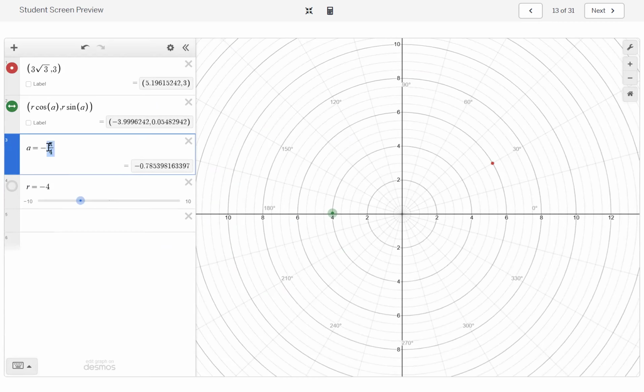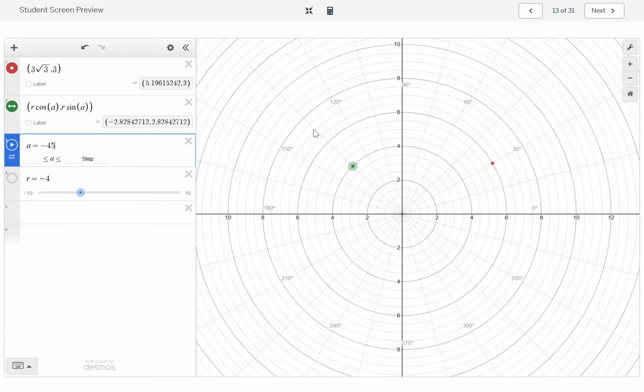I have to type in negative 45 then. And this puts our point in quadrant 2. Now, if I think about where negative 45 degrees points, that points down in quadrant 4. But since my radius is negative, I move backwards from quadrant 4, which puts me in quadrant 2.